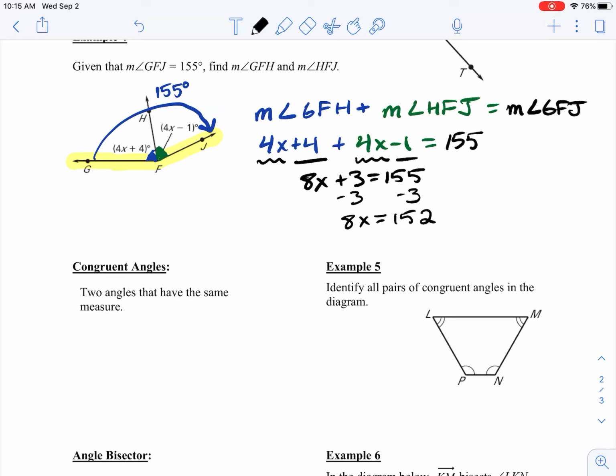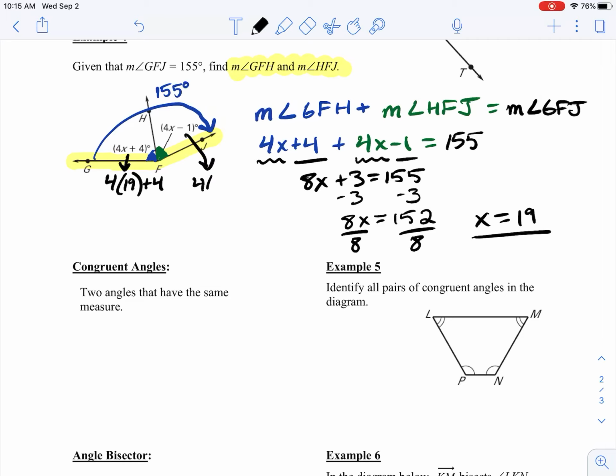And my goodness, I'm actually going to have to divide that, so I'm going to get a calculator out for myself right now. So divide by 8, and I'm getting x equaling, give me 1 second here. So 152 divided by 8, I get 19. So I get x equals 19, but that is not our final answer. Reminder, they want the measures of these two right here. So I'm going to come over to the side. If I'm trying to find the measure of GFH, that'd be 4 times 19 plus 4.